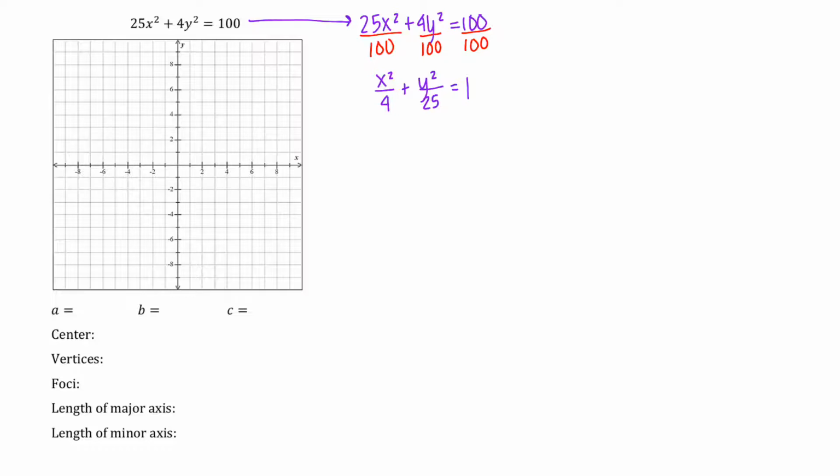Now it's in the form we need it to be in. Because there's no x plus something, or x minus something, or y plus something, or y minus something, our center is actually just going to be at 0, 0, which is the origin.